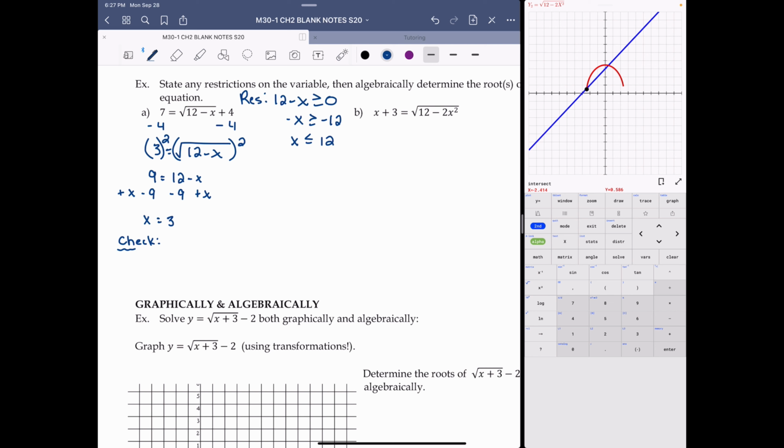So sub it back in to our original. 7 equals the square root of 12 minus 3, and then plus 4 outside the root. 7 equals 12 minus 3 is 9, so square root of 9 plus 4. 7 equals square root of 9 is 3 plus 4. 7 equals 7. That's true. Therefore, x equals 3 is a solution. And then we had our restrictions here.